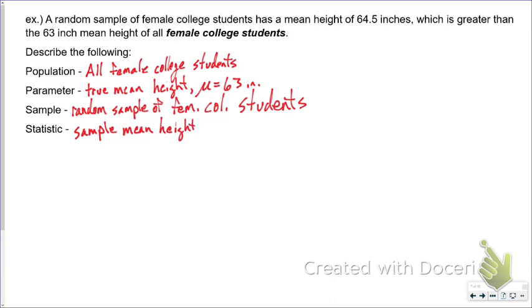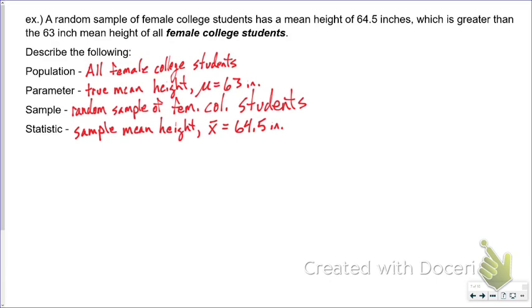And for that, we use X bar. And that was 64.5. So I hope everyone's clear why the true mean is 63 and the sample mean is 64.5. It truly does become a reading problem, and you've got to pick it apart.